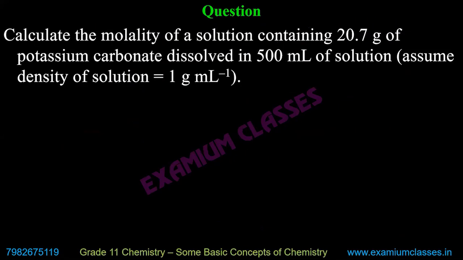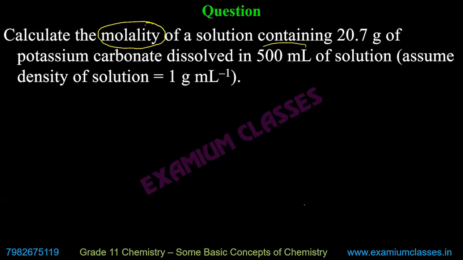Next question, and these types of questions are slightly tricky. Most of the students have done this correctly, but a few students have not. This is a question of your assignment. Calculate the molality. When you are considering molality, always think that there is a chance of error, and the mistake will always be in the amount of solvent.